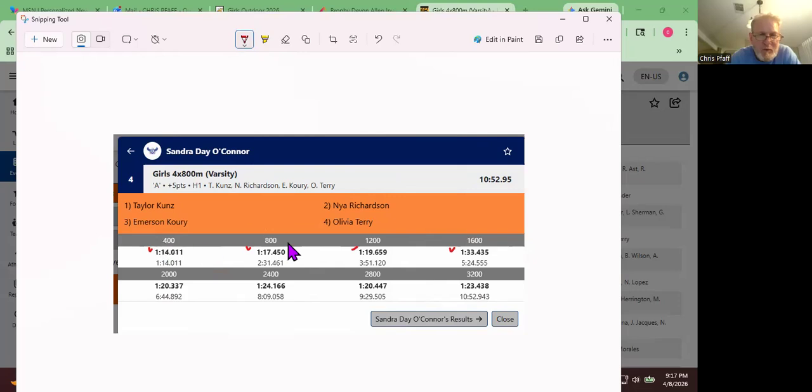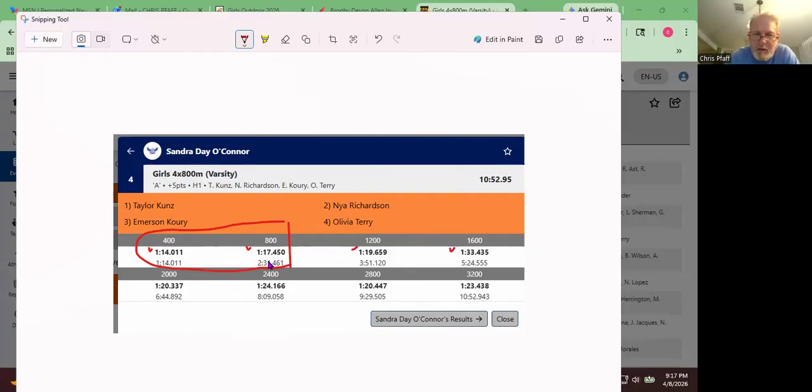I have this so I can write on it. The first two laps, of course, are going to be the first runner. So this is the first runner.